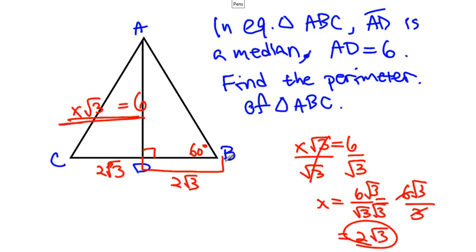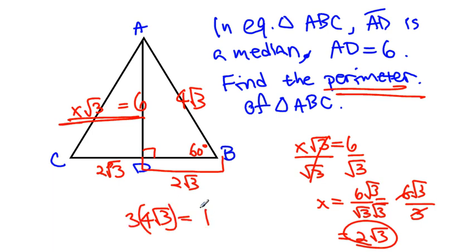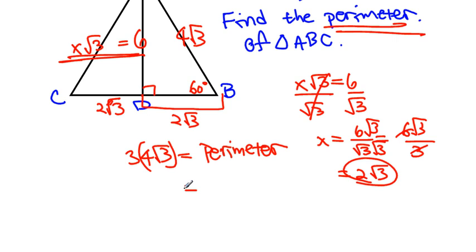That means the length of one side becomes 4 square root of 3. But since we're looking for the perimeter, that means we need to combine all three of them. So 4 square root of 3 times 3 must be our perimeter, which makes our final answer 12 square root of 3.